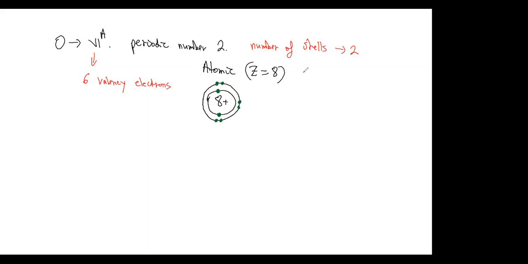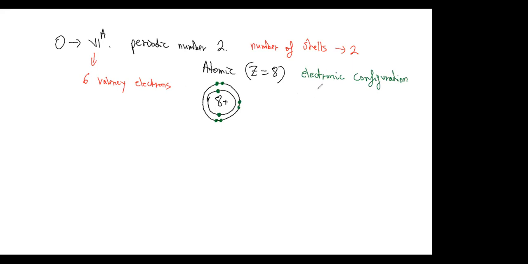So we can write the electronic configuration, which is very important to show how the electrons are arranged in the given element.